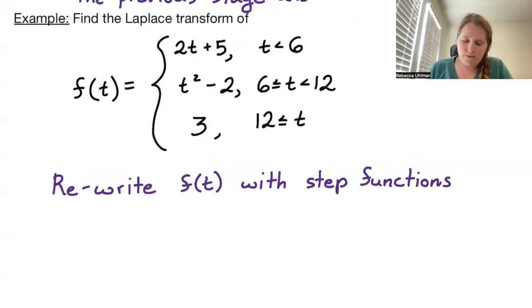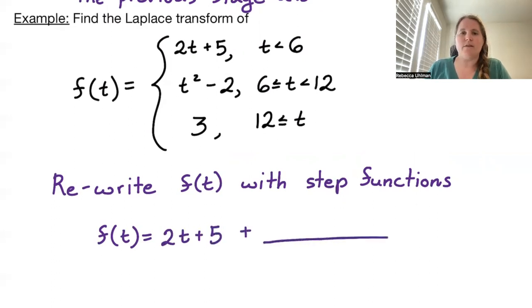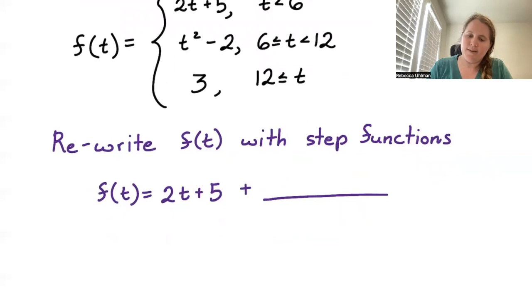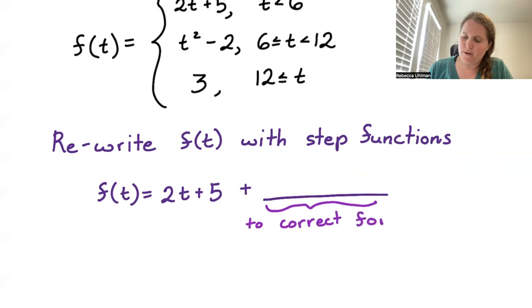So f of t should start off simply with 2t plus 5, and then we'll add on a correction for t greater than or equal to 6.